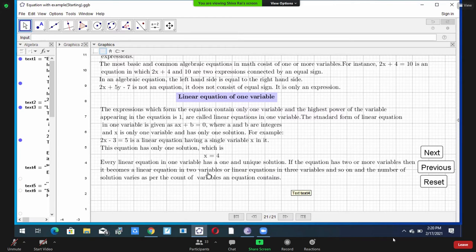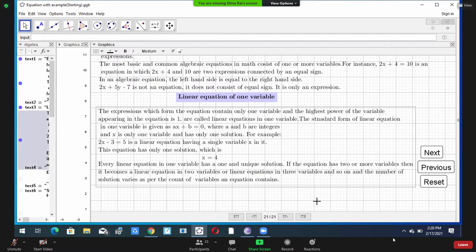If it contains three variables, then what do we say? Linear equation in three variables, and so on. An equation may have more variables also.